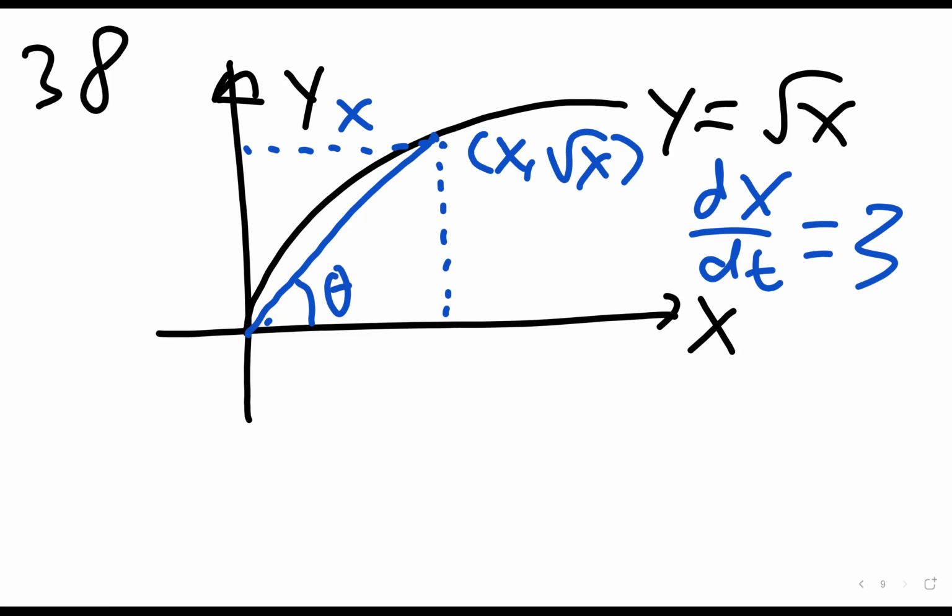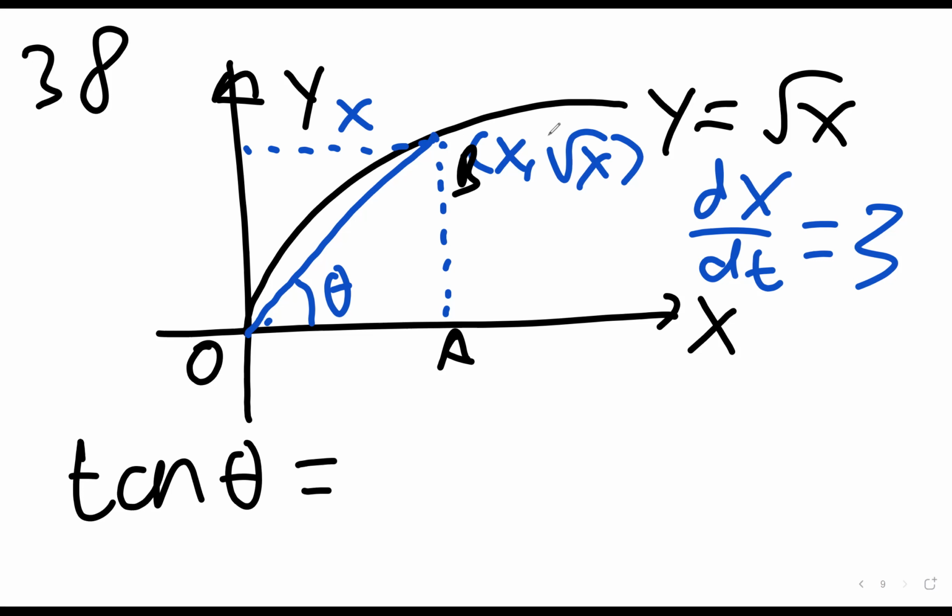Theta is the angle. Of course, if you take a look at this triangle, what is the relation between x and theta here? If I consider this as O, this as A, and this as B, then the relation in this triangle is that tangent theta is the length of AB divided by the length of OA.